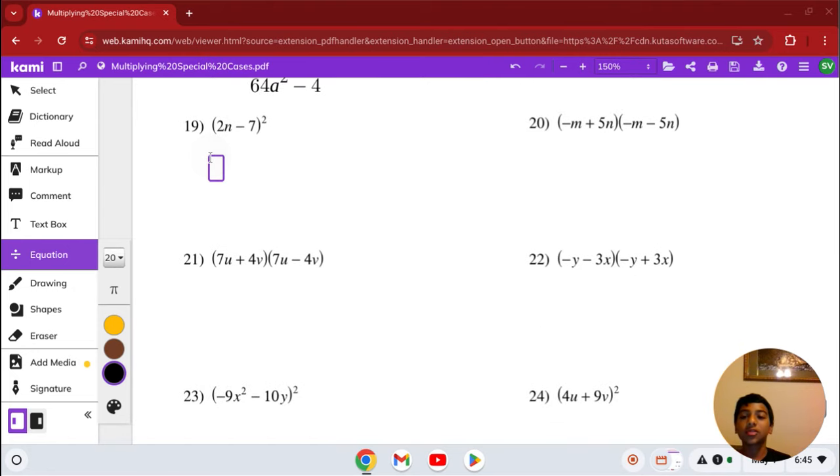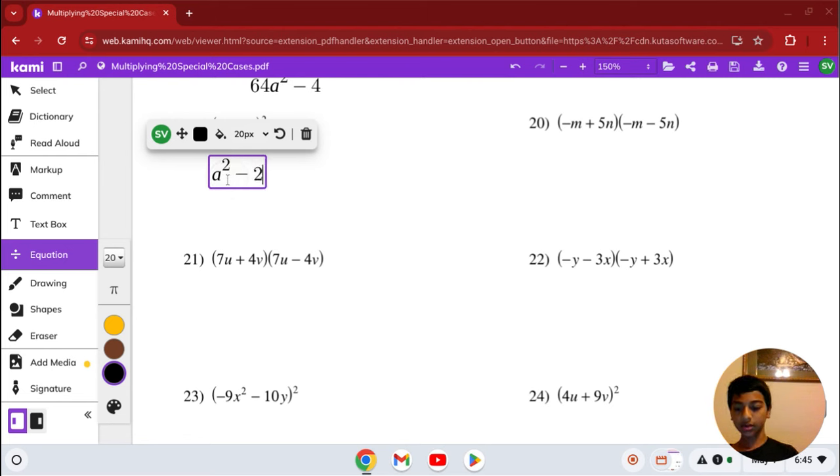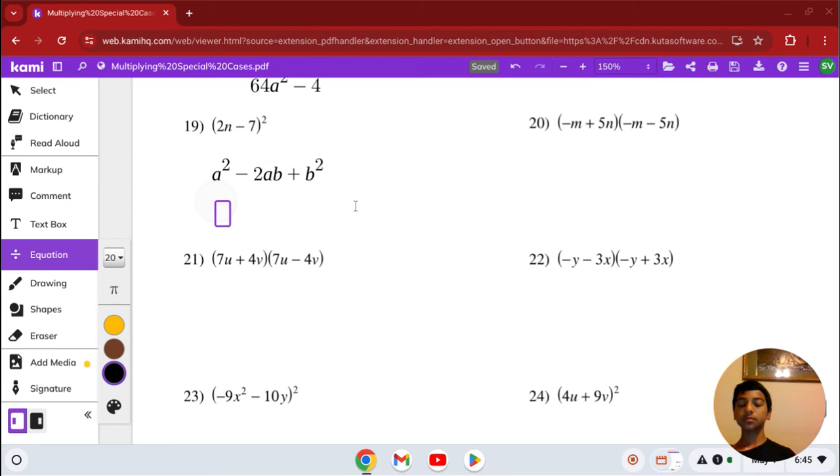Next, (2n minus 7) squared. We can use a squared minus 2ab plus b squared. I'm just going to write it down. a squared is 4n squared, minus 2 times a times b, 2 times 7 times 2n, which is 28n, plus b squared, which is 49.